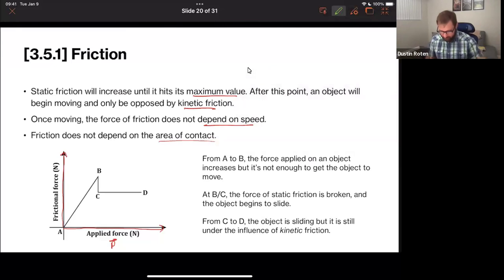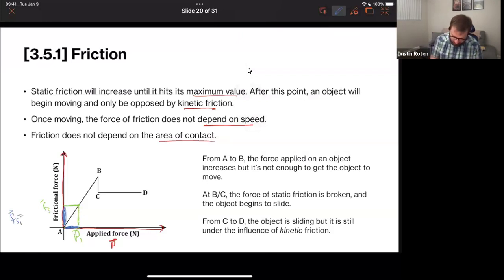Just like in the previous problem, if I apply this much, we'll call this P1 for my first push, I get this much static friction, so you've got some amount opposing me. The amounts are the same. So let me draw that in. Whatever this amount is, it's got to be the same as this amount. Those two things have to equal each other.